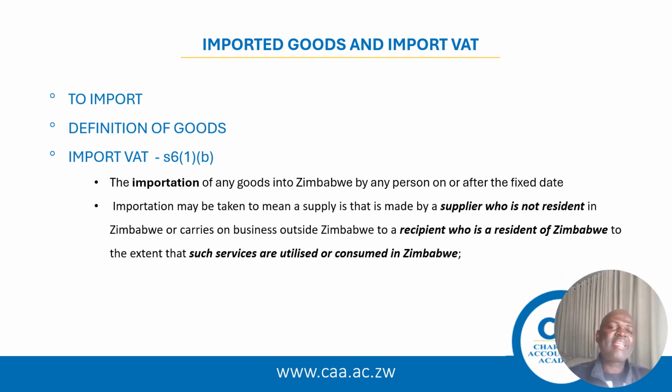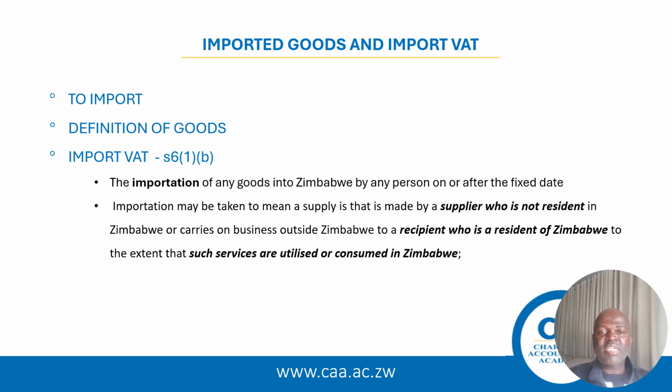And I've just created my understanding of importation, and you can borrow it as well, just to see what could be the key issues. First is about who is supplying, and secondly, who is receiving these supplies, right? And the different jurisdictions which either these people are resident in or are operating from.